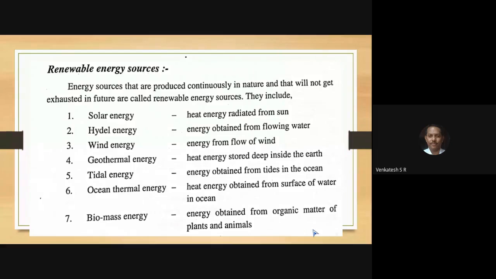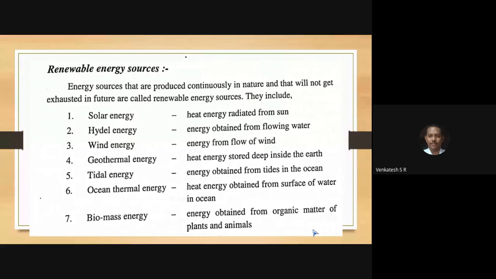Next, write down number three, wind energy: energy from the flow of wind.